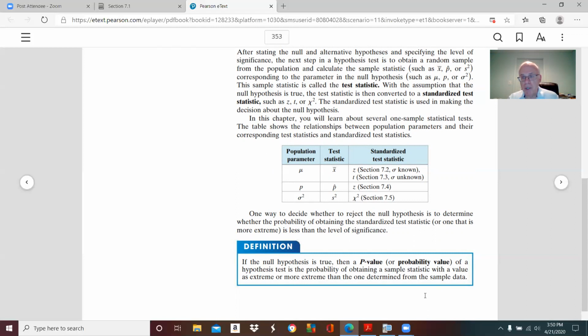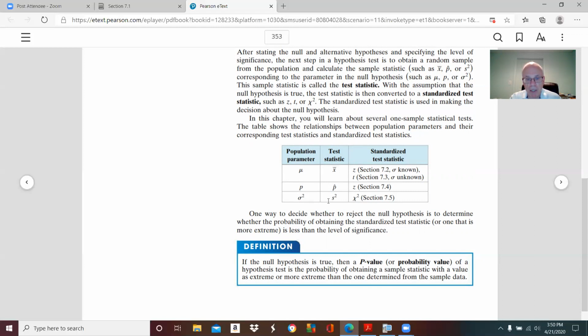So the test statistic, we're going to create from the sample mean if we have a hypothesis about a population mean, or we're going to create from a sample proportion if we have a hypothesis about a population proportion.